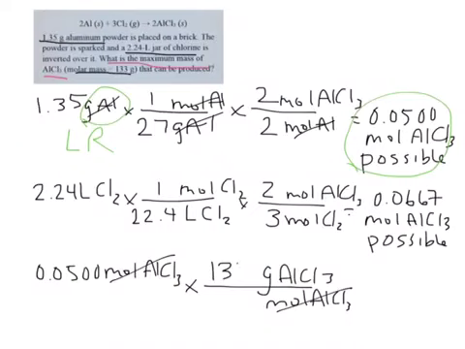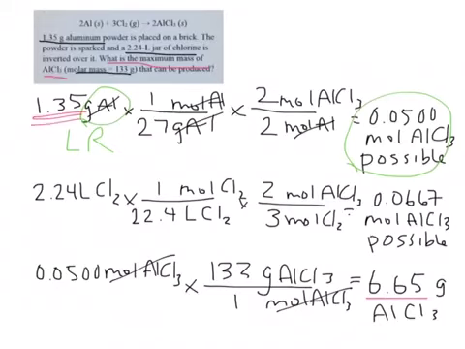So 133 goes with the grams for every 1 mole. Put that in my calculator, and I get 6.65 grams of product. Notice 3 significant figures because of the 3 significant figures in the amounts, the 1.35 grams. And we're done.